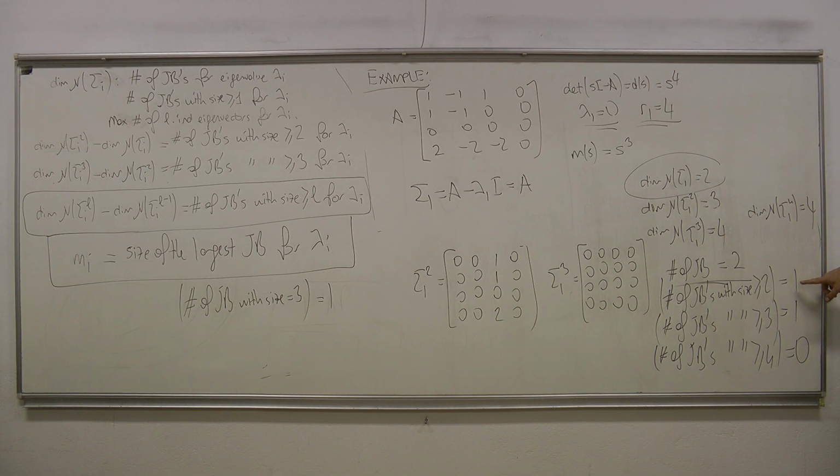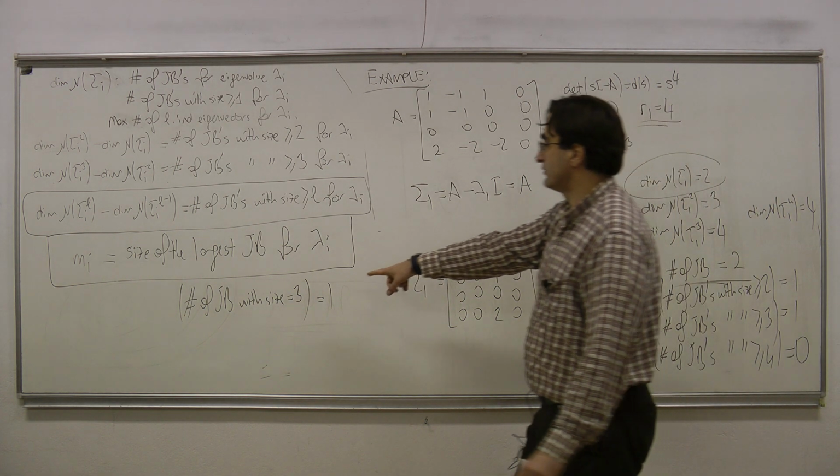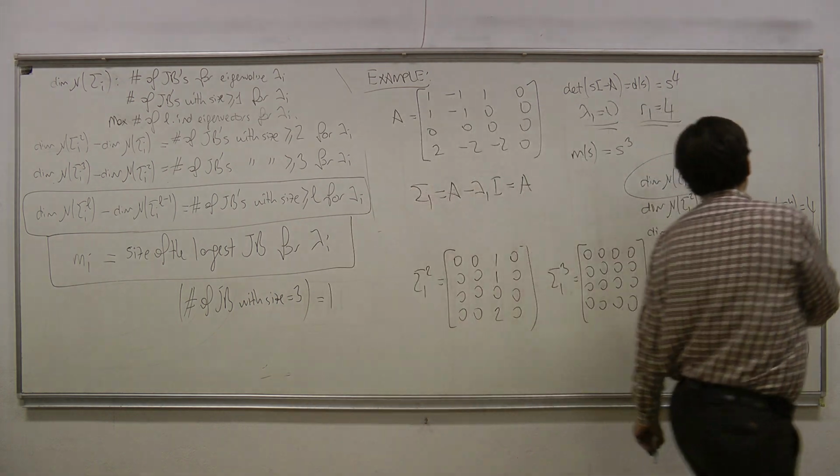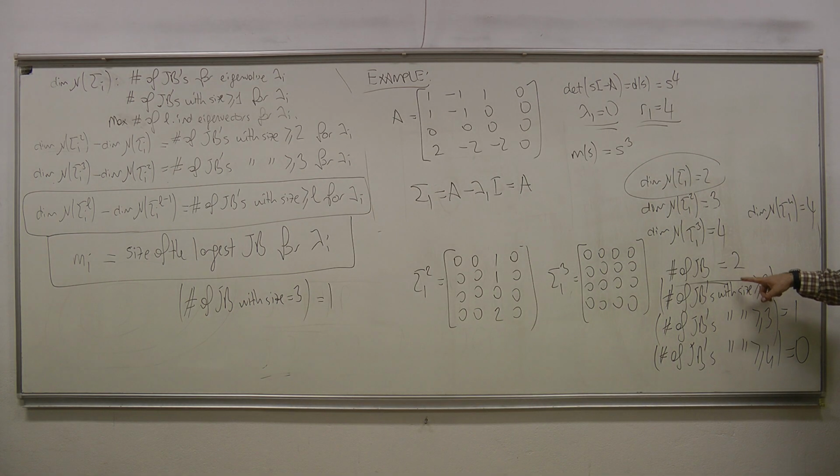So this Jordan block should be the same one. The number of Jordan blocks whose size is larger than or equal to 2 is 1. That means that this is that Jordan block whose size is 3. And the total number of Jordan blocks is 2.